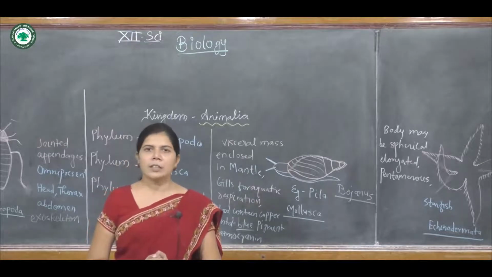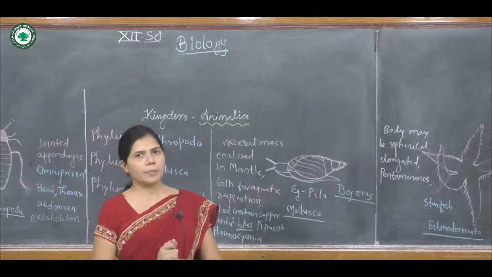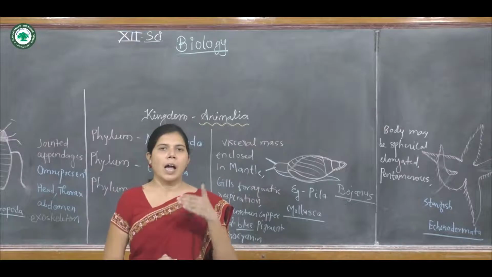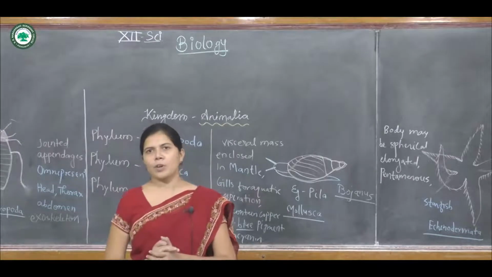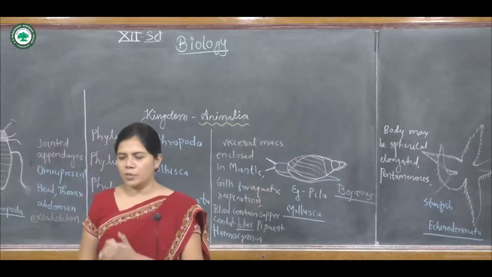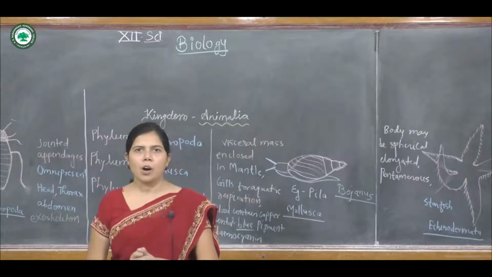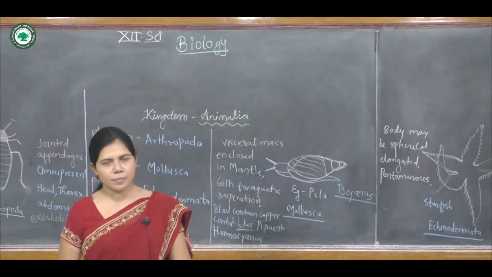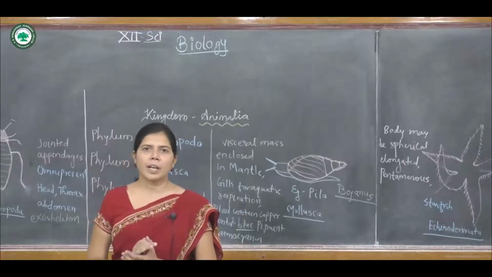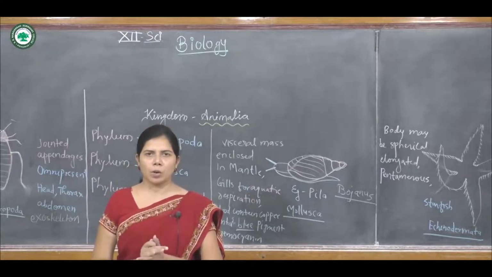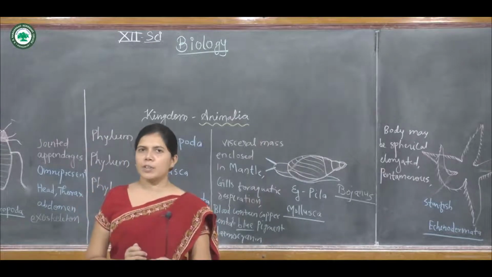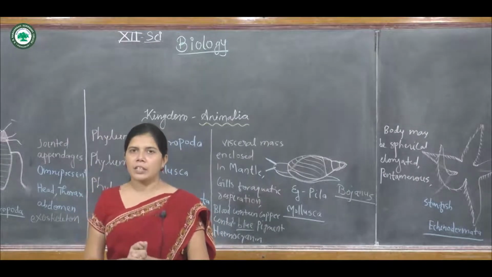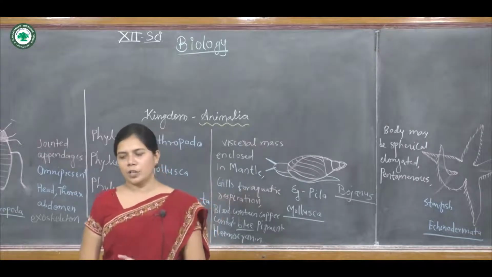The symmetry is radial, means if we take any cross section, it gives two equal parts. They show pentamerous symmetry, mostly pentagonal in shape.